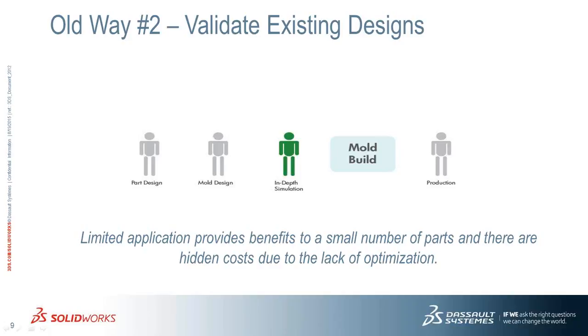For example, without optimization, most companies are not determining if the parts could be made thinner to reduce material usage. Can one decrease cycle times, use less energy, or lower the overall cost?